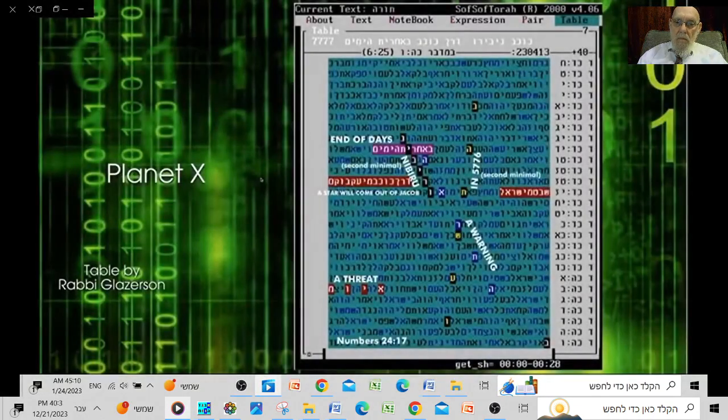This is a Planet X table. If you know anything about Planet X, there is this idea that Planet X Nibiru is going to appear. We don't know when, but the Torah codes seem to predict it. And in Jewish mystical texts, it talks about Planet X quite a bit, and there's a lot of people studying it right now. No one's seen it yet, but we think that it might have had something to do with the flood of Noah and other things that happened through history.